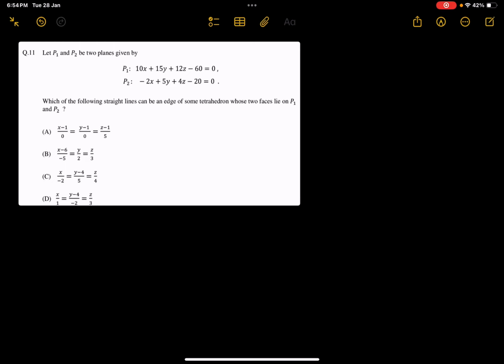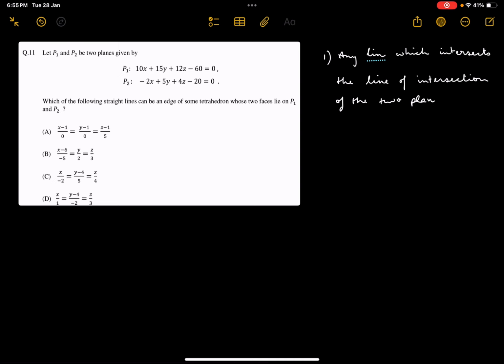So things to remember here is, any line which intersects the line of intersection of the two planes is an edge.